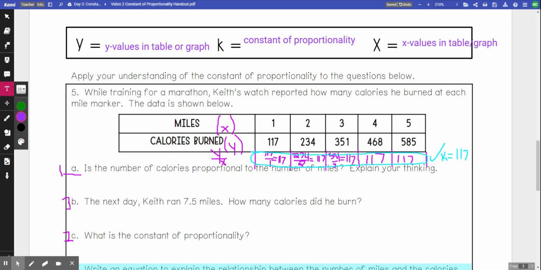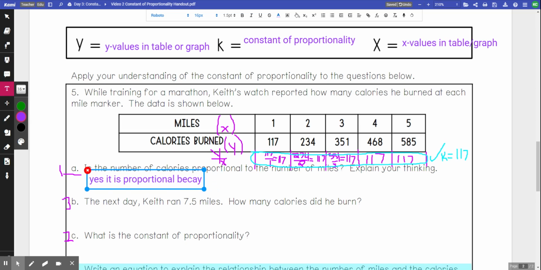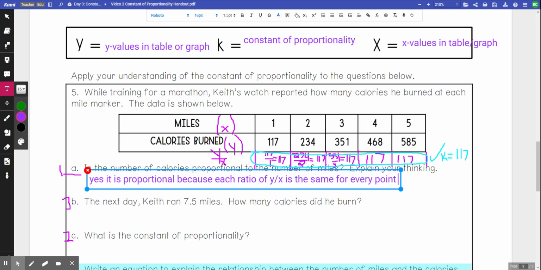So when it asks us, is it proportional? Our answer would be yes. Yes, it is proportional because each ratio of y over x is the same for every point x, y.